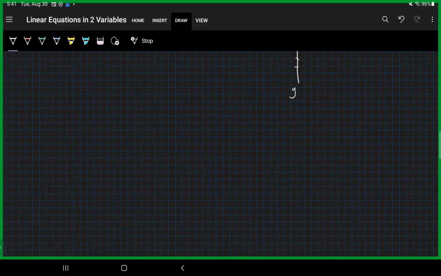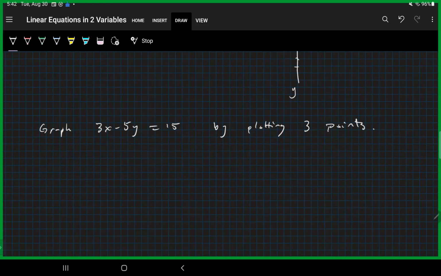If we're told to graph 3x minus 5y equals 15 by plotting 3 points, we're going to do a little trick here. We're going to solve for y, and get this in the form of y equals something. So let's do that, and I'll talk about why that's important. And then we'll go ahead and generate the points and graph.